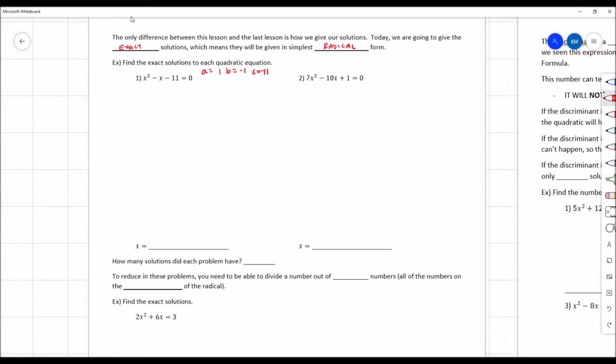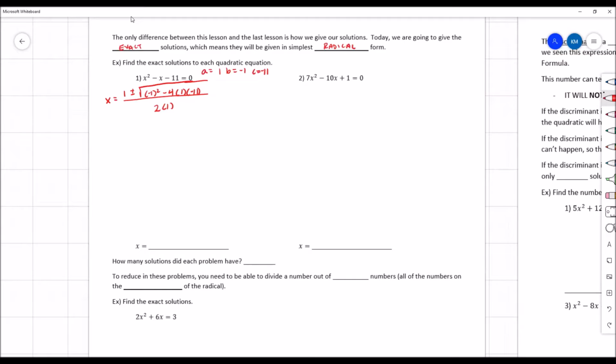So x equals opposite B. In this case, B is -1, so the opposite of that would be positive 1, plus or minus the square root of B squared minus 4 times A times C, all over 2A. Oops, and not A, because A we know is 1.